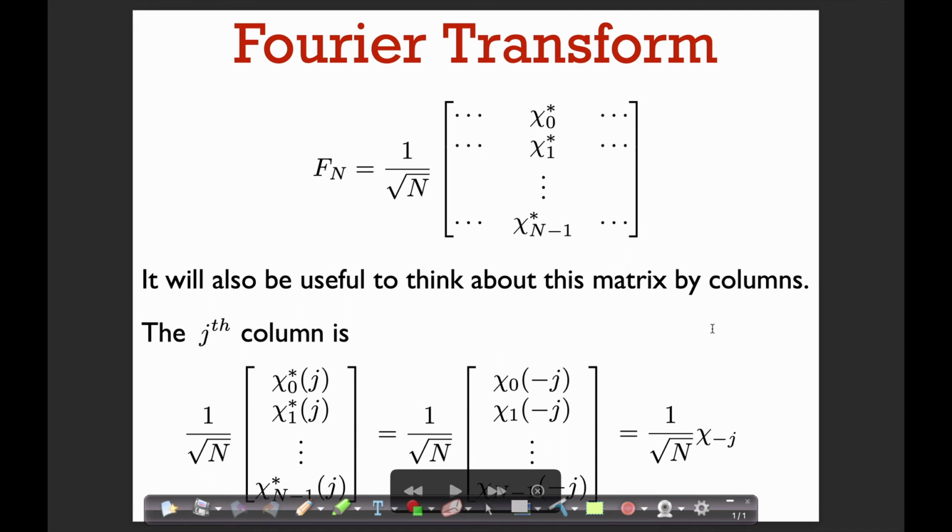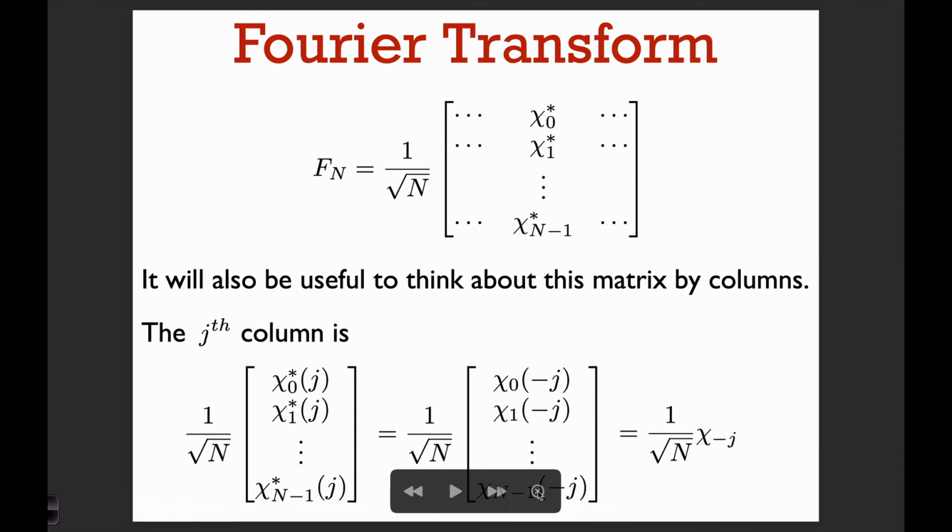We're also going to need to know what Fn looks like by columns. Okay, so if we just look at the jth column of this matrix, then, well, what is that going to be? Well, it's going to be this, right? Chi0 star of j, Chi1 star of j, etc. And again, taking the star is equivalent to negating the argument.